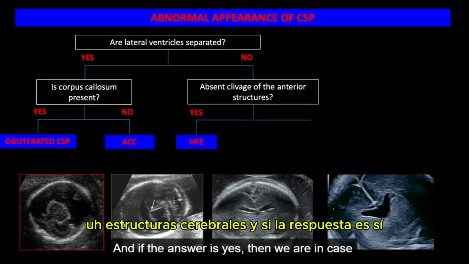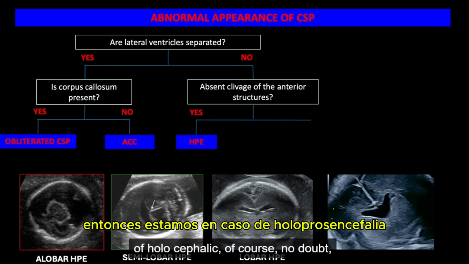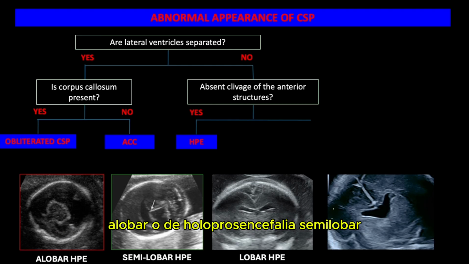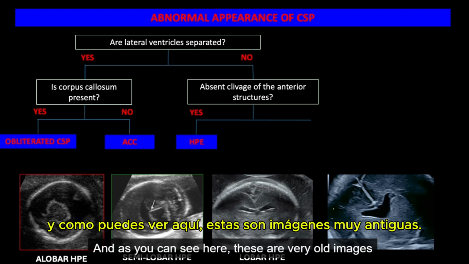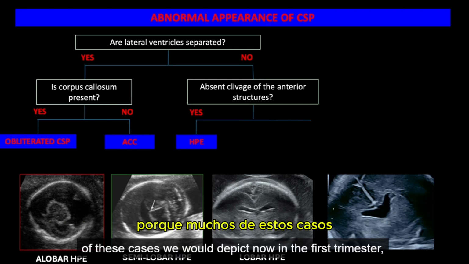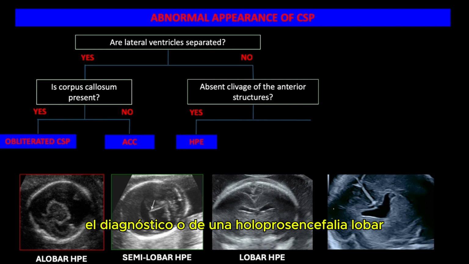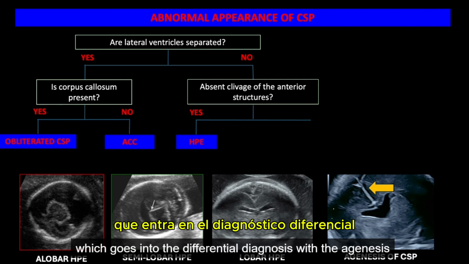And if the answer is yes, then we are in the case of holoprosencephaly. Of course, there is no doubt about the very easy definition of lobar or semi-lobar holoprosencephaly. And as you can see here, these are very old images, because many of these cases we would now depict in the first trimester.